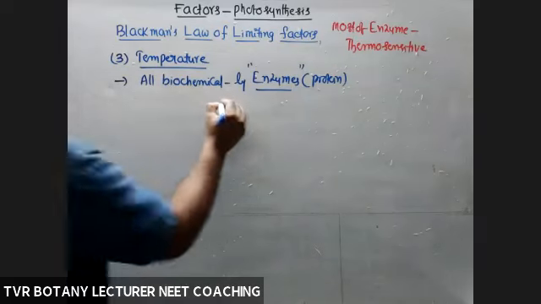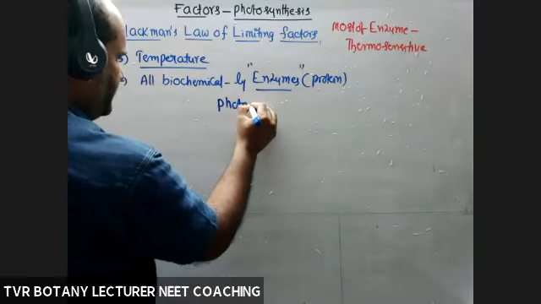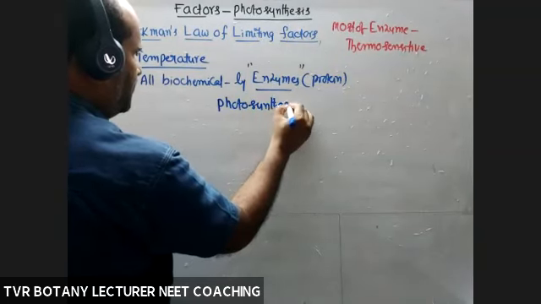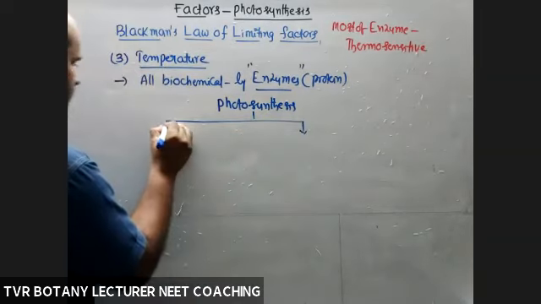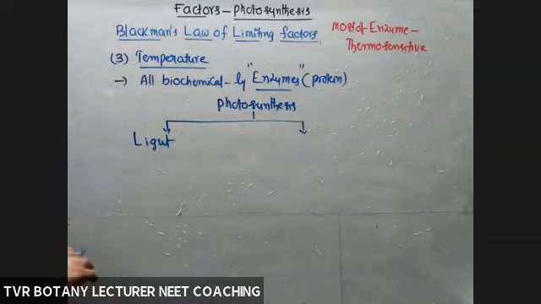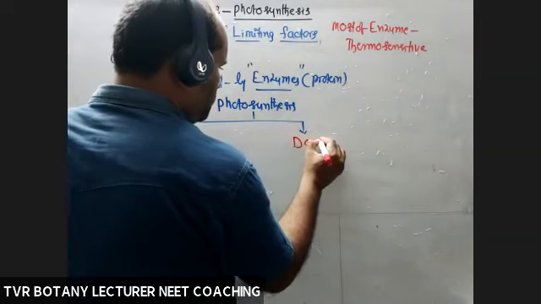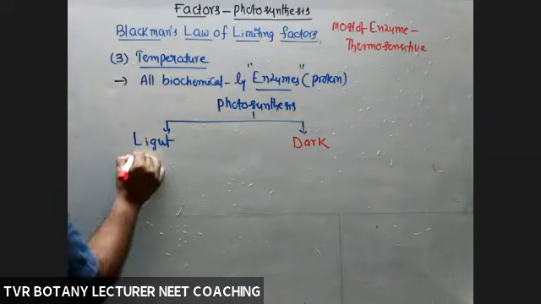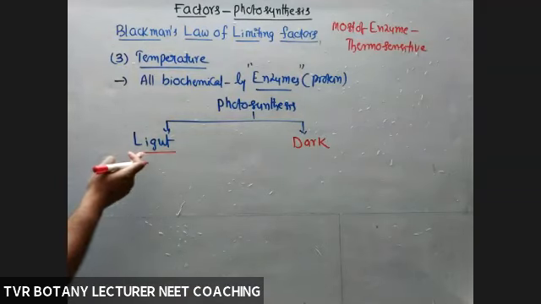So in photosynthesis, two phases are present: light phase, or light reaction, and the second one, dark phase. Light phase is regulated by, and depends on, a less number of enzymes.